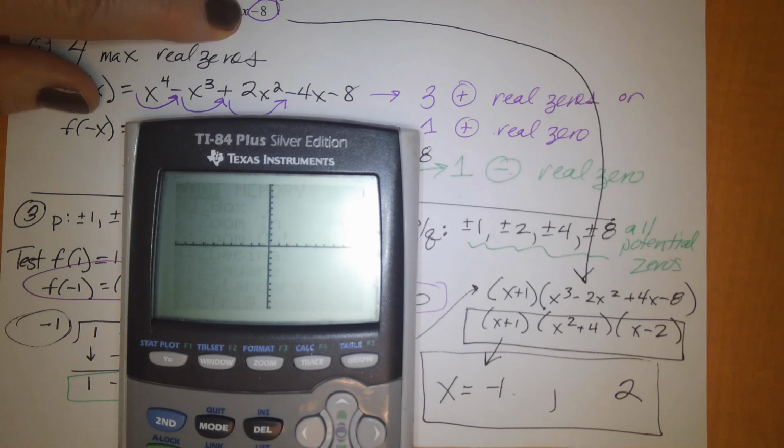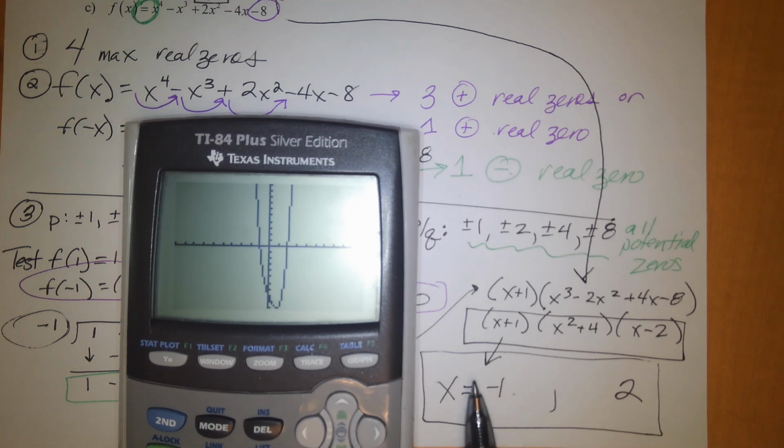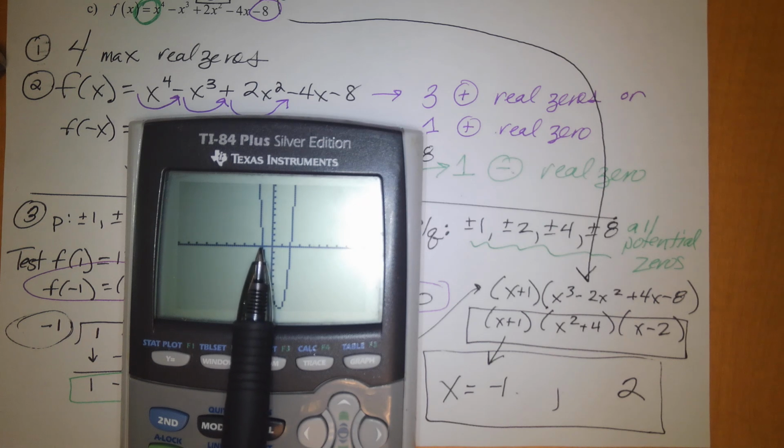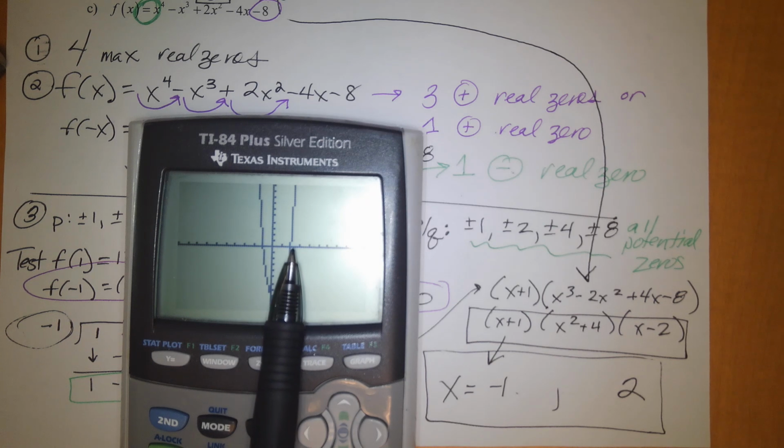And when I go to graph this, you're going to see that we will actually have two zeros, and they're going to be located at -1 and 2. And look right here. There's my zeros, -1 and 2.